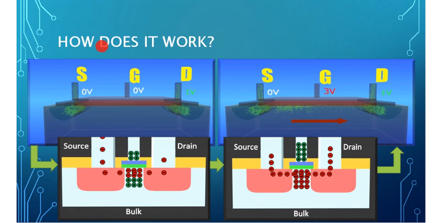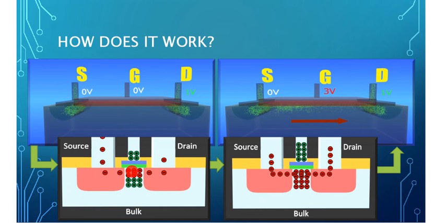So how does this work? If you look below, you can see in the first picture that there's no charges moving across. This is ideally how this is supposed to work. You start off with 0 volts on your gate, and nothing moves. The small green dots are your electrons. Now, as you apply a voltage to that gate, we're going to use NMOS in this example, you start to create what's called a depletion layer right here.